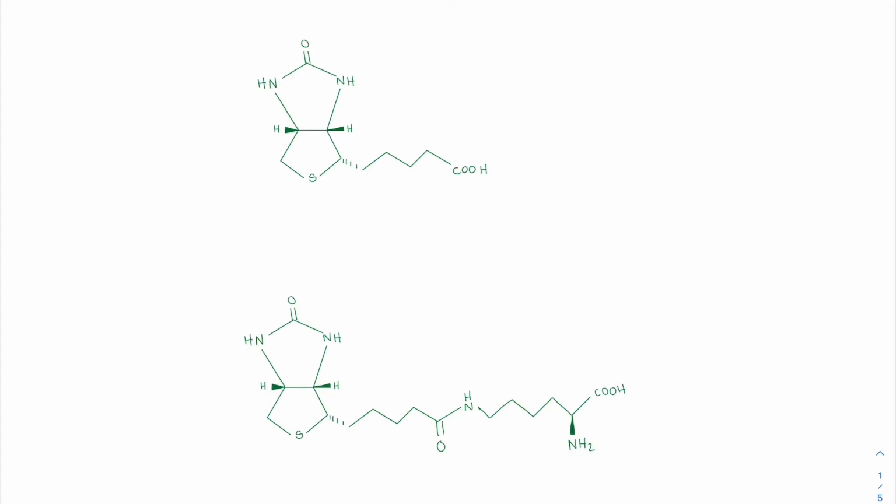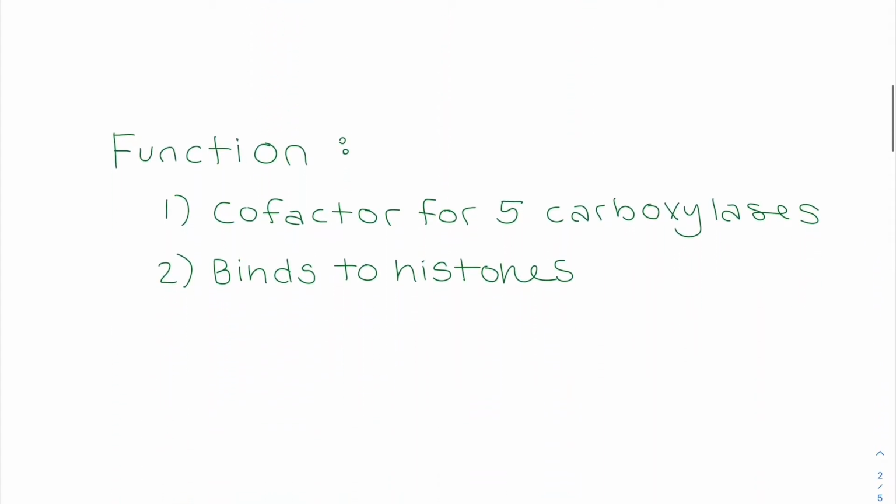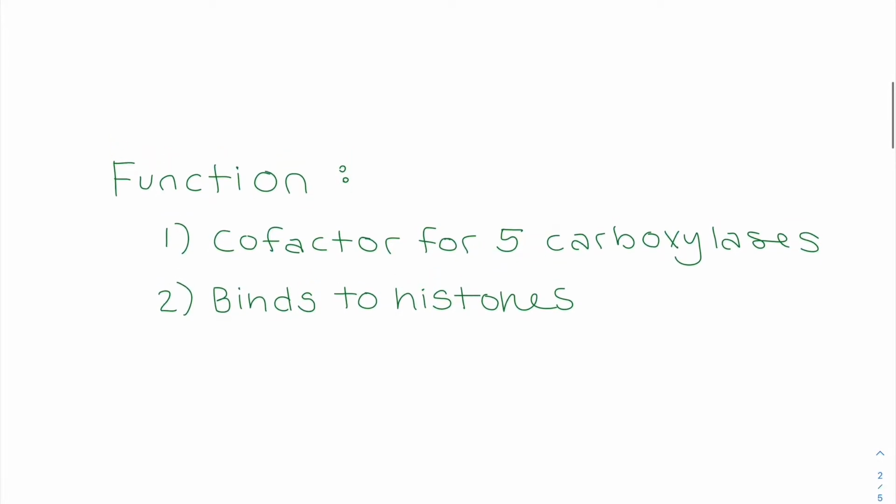So what does the free biotin do? It is absorbed into our body through the SMVT transporter or through passive diffusion. Now, it has two functions.